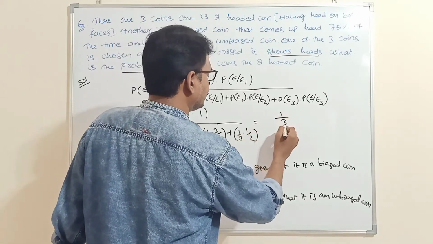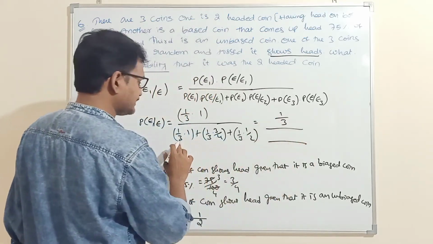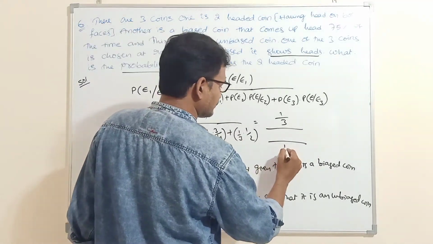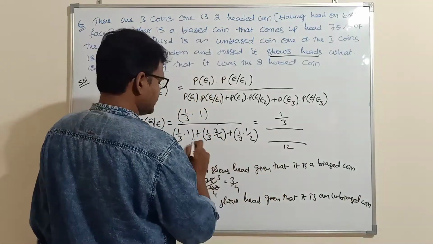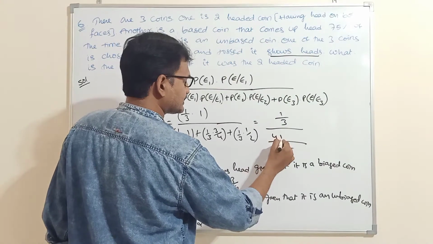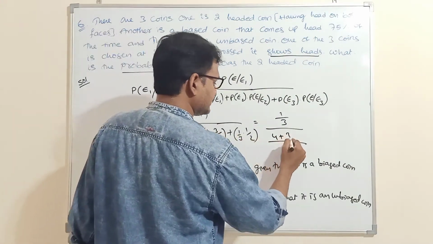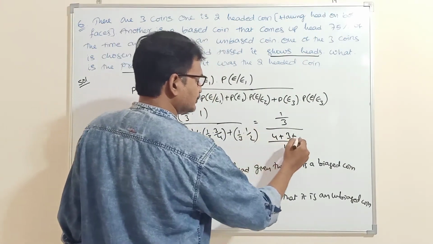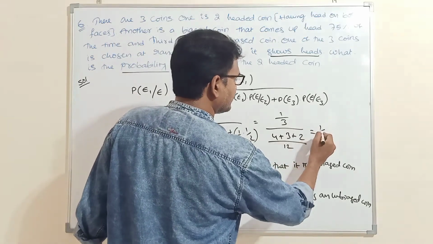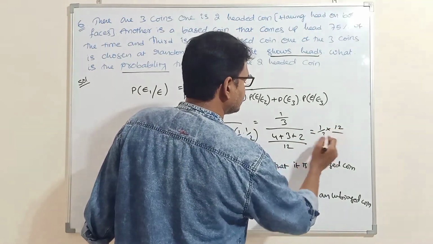So 1 by 3 divided by, here the LCM is 12. Taking the LCM: 3 times 4 is 12 plus 3 times 3 is 9 plus 2. So 1 by 3 into 12 by 9.